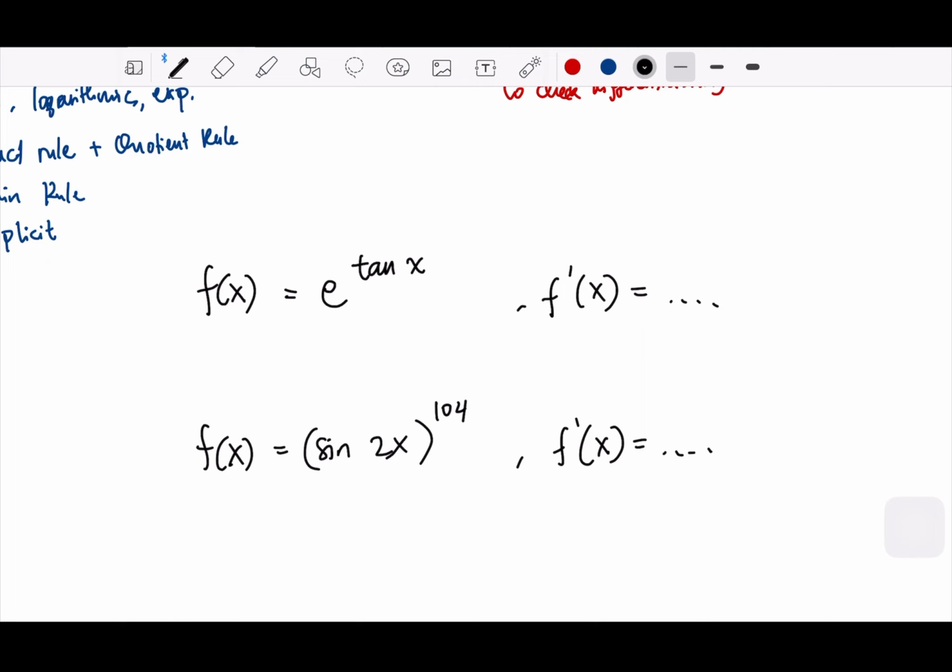Sine 2x with... sorry, it's not a power.